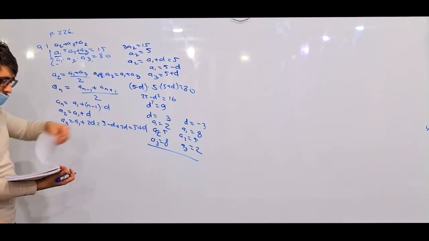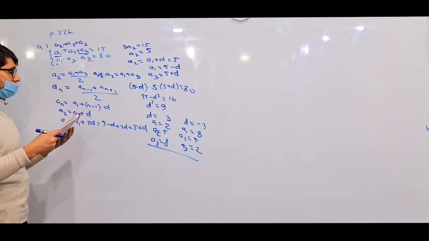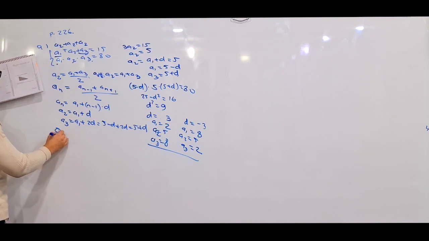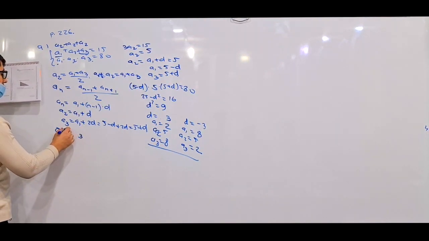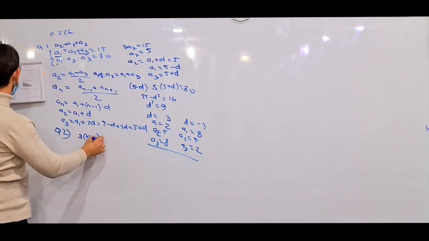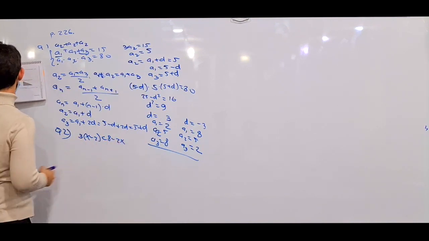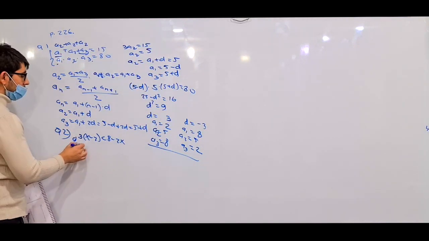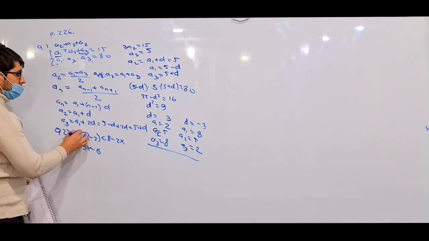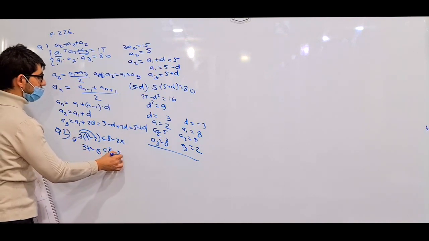So next page, page number 227. Question number 2. Find the set of values for x for which 3 times (x minus 2) is less than 8 minus 2x. This A part is a simple linear inequality, right? 3x minus 6; you have to open the brackets, less than 8 minus 2x.